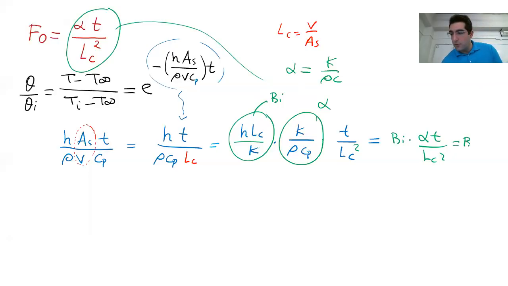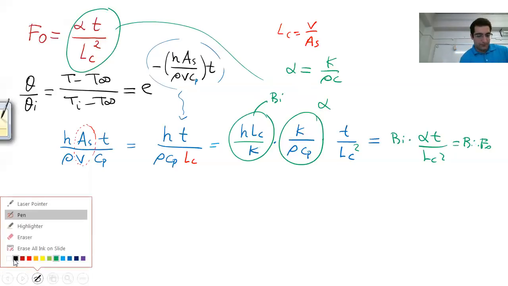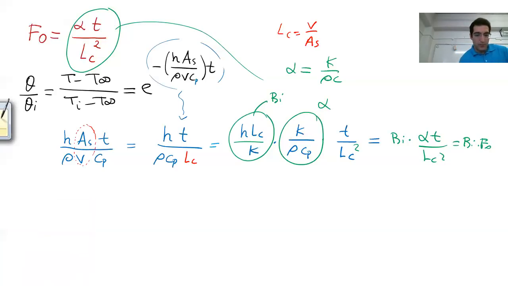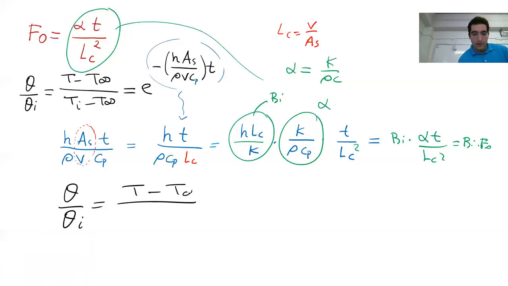So I have Biot times Fourier, which means that I can go ahead and rewrite my main lumped capacitance equation, theta over theta i equal to T minus T infinity over Ti minus T infinity equal to e to the power of minus, instead of h As over rho V Cp, Biot times Fourier.